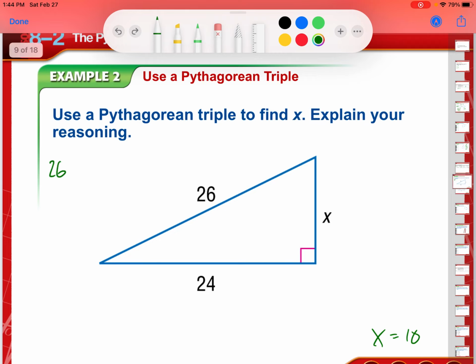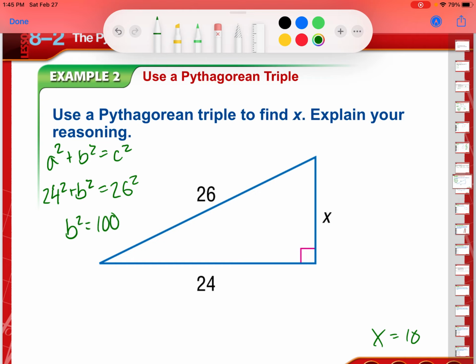Now, if I didn't know that, I would say a squared plus b squared equals c squared. C squared is 26 squared equals 24 squared plus b squared. So then we would have to work these out, and we would do 26 squared minus 24 squared, which would be 100.